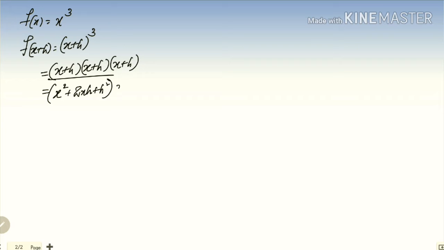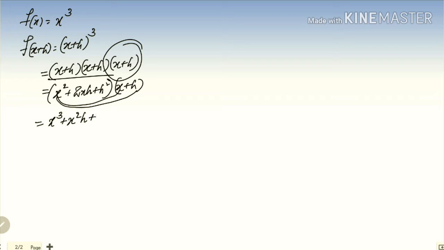Then that bracket is going to multiply the third binomial, that is x plus h. Again, take each term from the first bracket and multiply each term of the second bracket. Take x square and multiply, that is going to be x cube plus x square h.